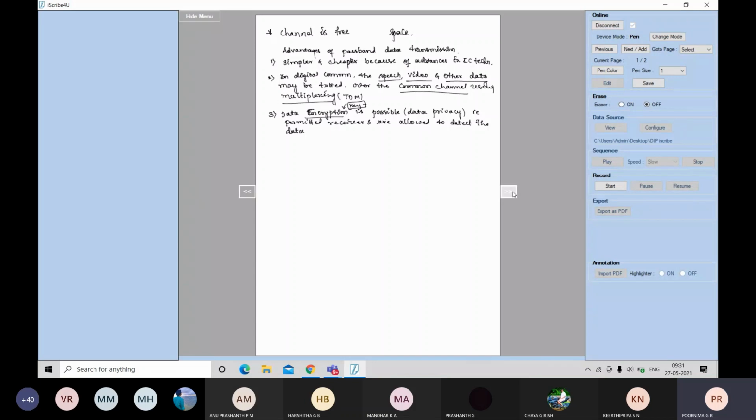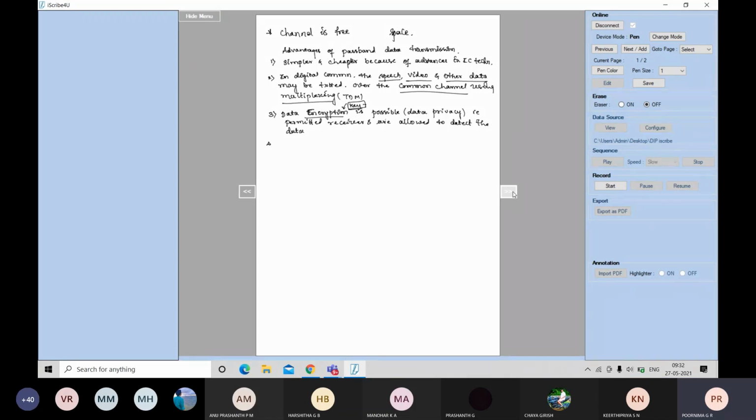The same key will be forwarded to the receiving end. Only with that key can the authenticated receiver detect the data which has been transmitted. Otherwise, a hacker cannot receive the data. That is what data encryption is. This data encryption is possible with passband signal transmission.